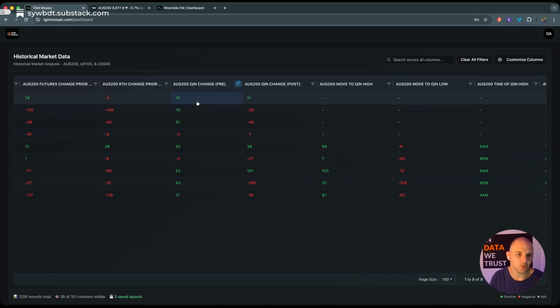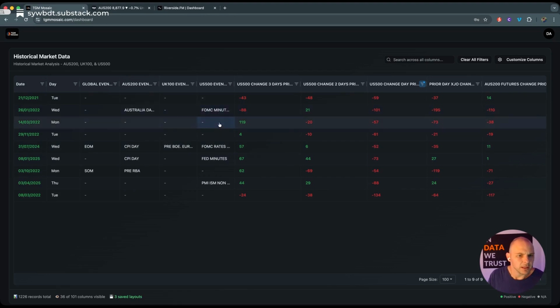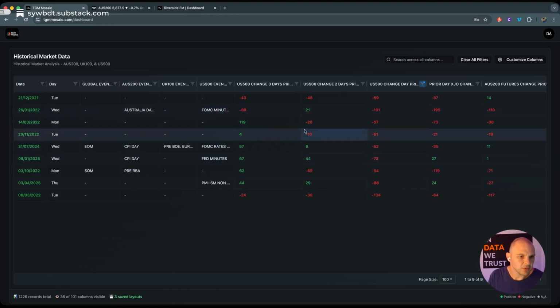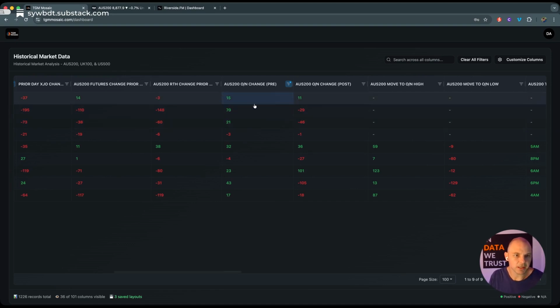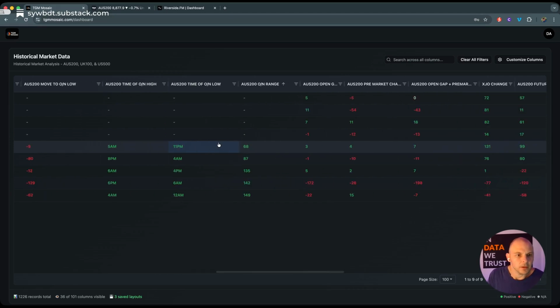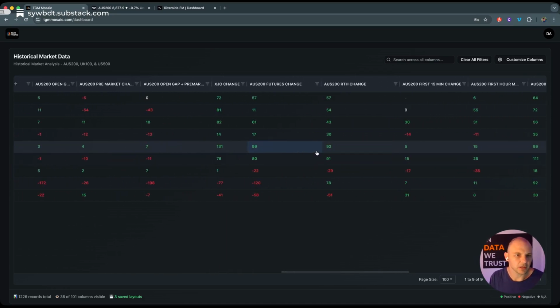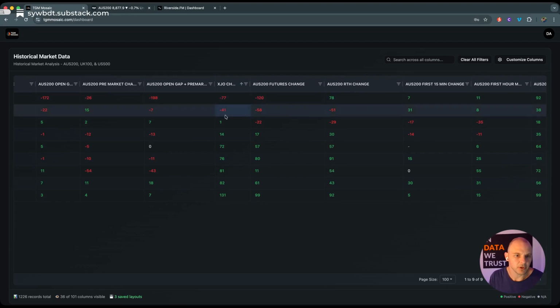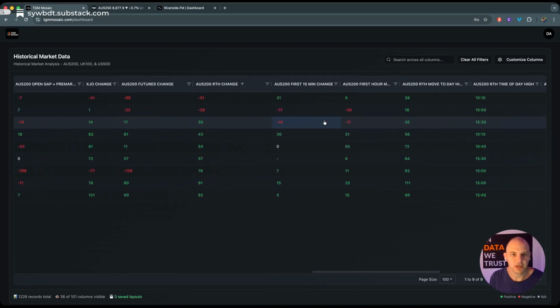So the US has dumped, and for whatever reason on these dates here, FOMC, Fed minutes, CPI, things like that, generally our market's held up pretty well, considering. Then you can start looking at, and that divergence is something I talk about a bit, what are the likely XJO changes today, futures changes, RTH changes.